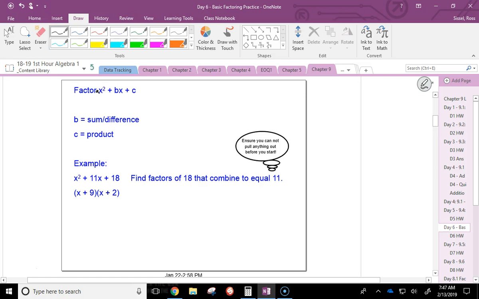A is going to come before the x squared, B is the middle term, and then C is your last one. What we are going to look at here is B. And we'll go right here in our example. So, x squared plus bx plus c. B is the sum or the difference.